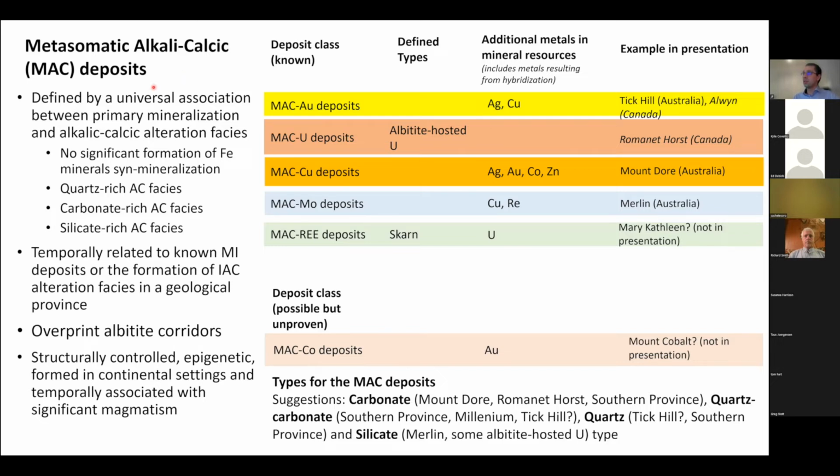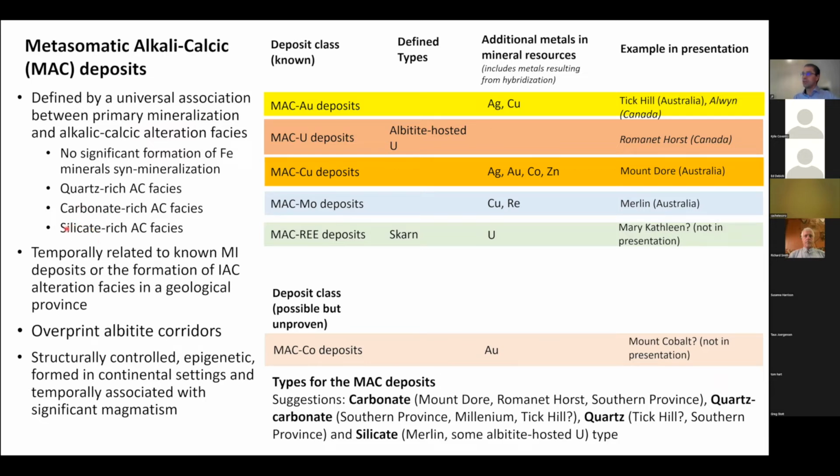And then what defines this metasomatic alkali calcic group of deposits? There is an association between primary mineralization and alkali calcic alteration facies. So we can have the formation of iron minerals, but it won't be a significant formation like in their iron-rich counterpart. Some of these alkali calcic facies will be quartz-rich, some will be carbonate-rich, and others will be silicate-rich.